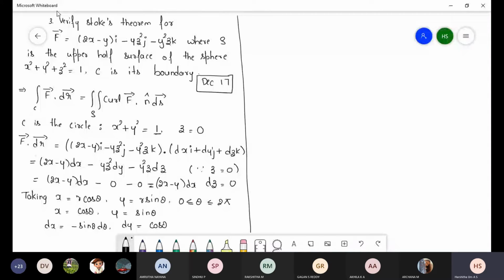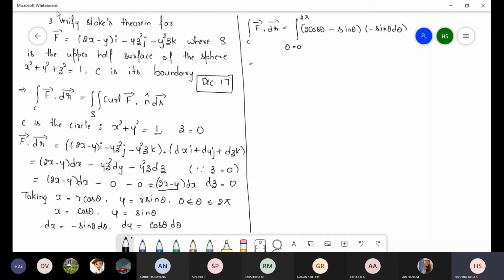Now we have to substitute in the LHS side. So first we apply the integral over the curve C, vector F dot vector dr, is equal to integral with theta from 0 to 2 pi. Next, here 2 into x, so 2 into cos theta, next minus y, which is sin theta, again dx means minus sin theta d theta.